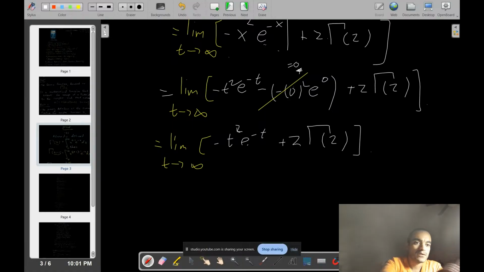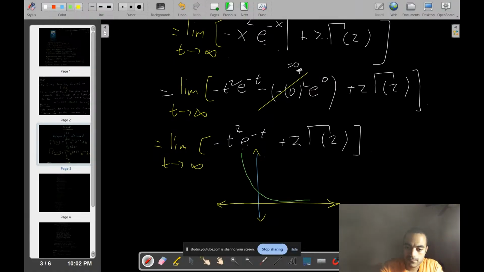This is why I always emphasize, whether it's the most abstract math or the most simple math, to always make diagrams, because this is another proof why my unique perspective always works. So e to the negative t, you should know how that looks. That's a decaying function, exponential decay. It looks something like this. It's not exact, but you get the idea.